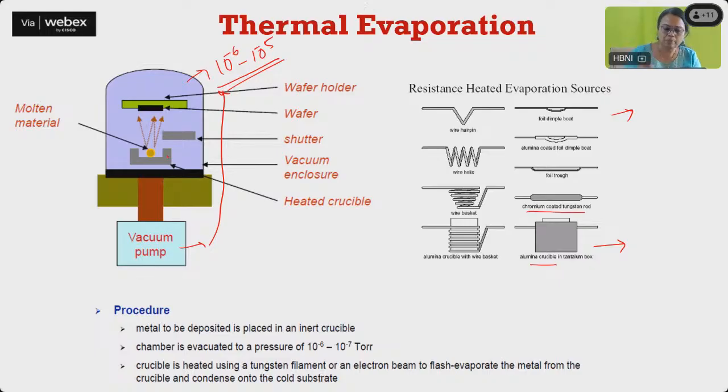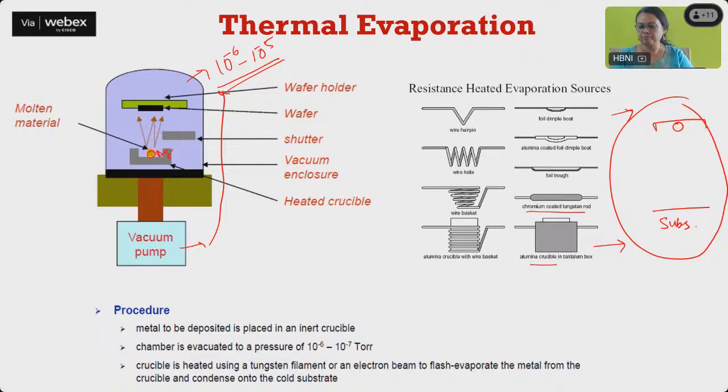If my material is Ag, it is there, and we have the substrate held at the top, or it can be upside down also. We can have upside down evaporation also. This is my evaporant and this is my substrate. Both are possible in this configuration.